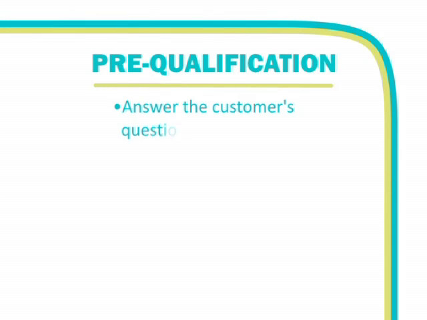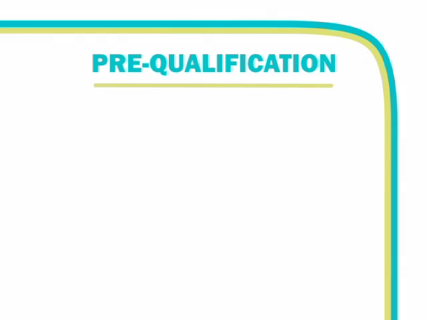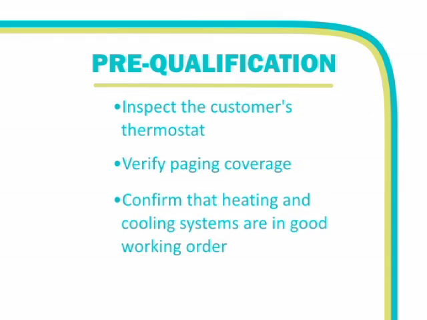After you have answered all of the customer's questions concerning the program and confirmed there is safe access to the heating and cooling systems, the electrical disconnect, breaker box or fuse box, and the thermostat, you are ready to perform the customer pre-qualification process. This process involves inspecting the customer's thermostat, verifying paging coverage, and confirming that the heating and cooling systems appear to be in good working order.